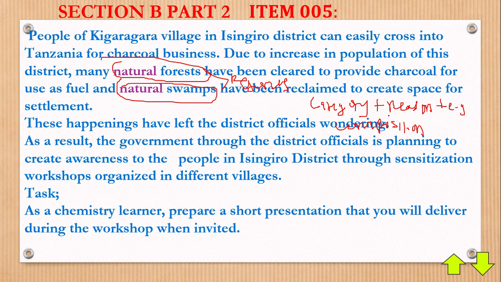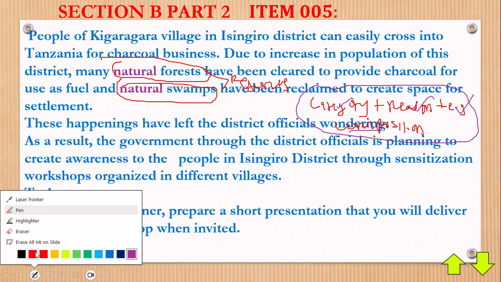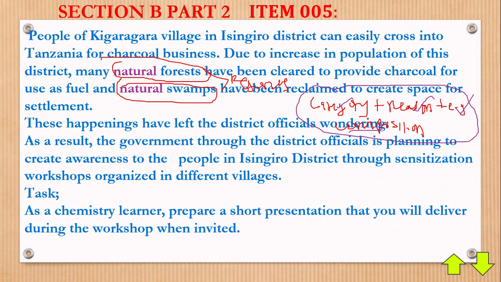Now, after giving the category, the reason, and the example, and maybe the composition, good. What next am I meant to do as far as item 5 and 6 is concerned, that's section B part 2? Here, you are meant to come forward and identify one of the categories I've given.